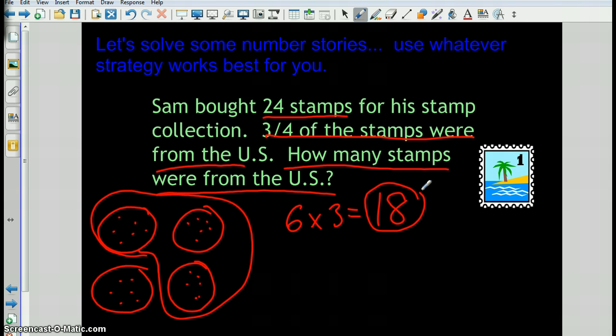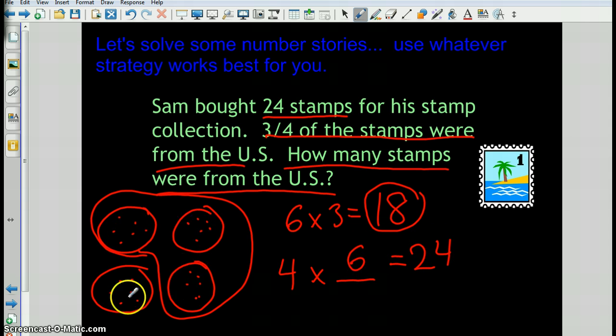One of the other ways that I could do this is to think, 4 times something equals 24. So 4 times what equals 24? Well, 6 plus 6 is 12, and then 12 plus 12 is 24, so 4 times 6 equals 24.